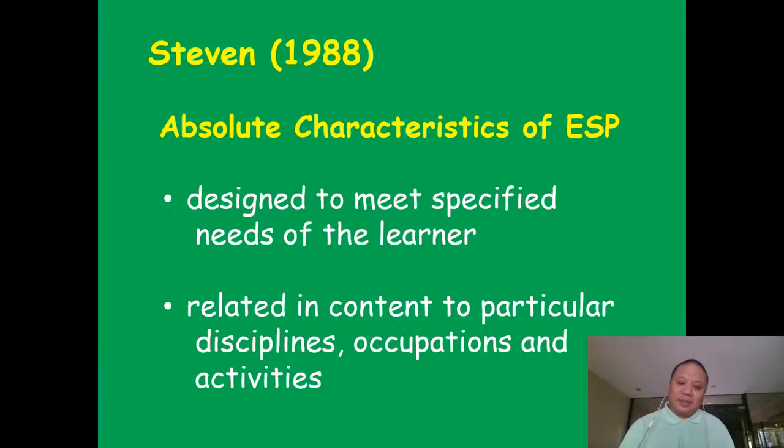It's related in content to particular disciplines, occupations, and activities. So maybe it's for doctors, maybe it's for the operating table, maybe it's for miners, for identifying specific rock formations.